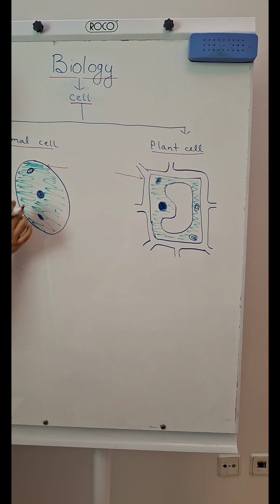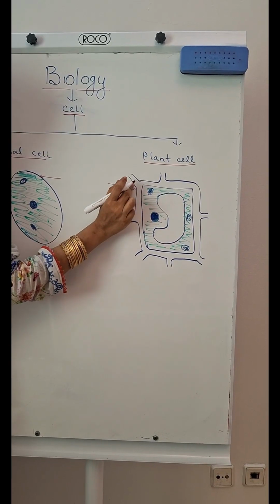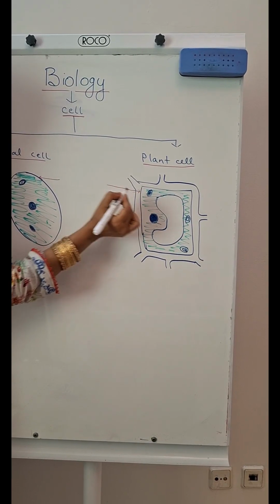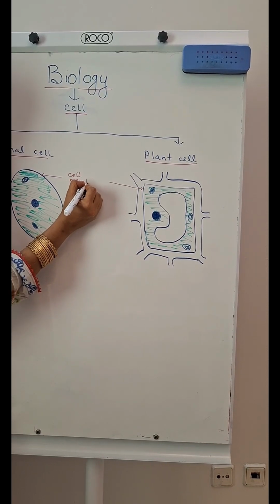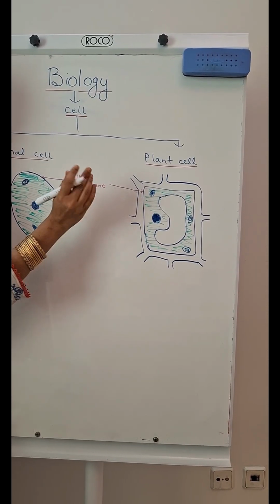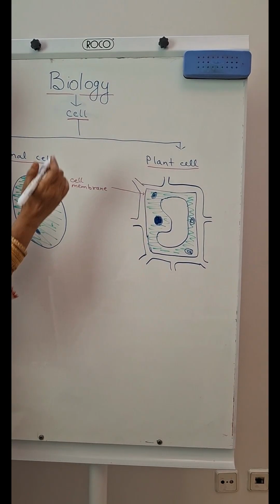So this outer covering of plant and animal cells is called the cell membrane. This cell membrane is present in both animal and plant cells.